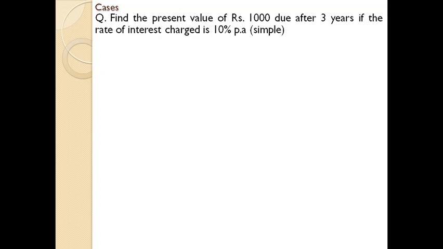So as per the details given, here the annual amount A is 1000 and you are asked to find the principal amount. N is 3 and R is 10.